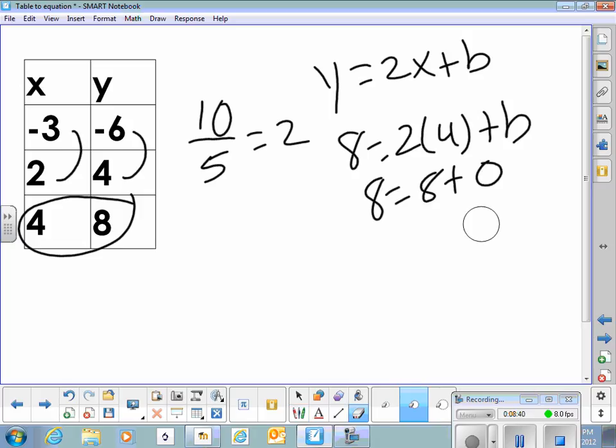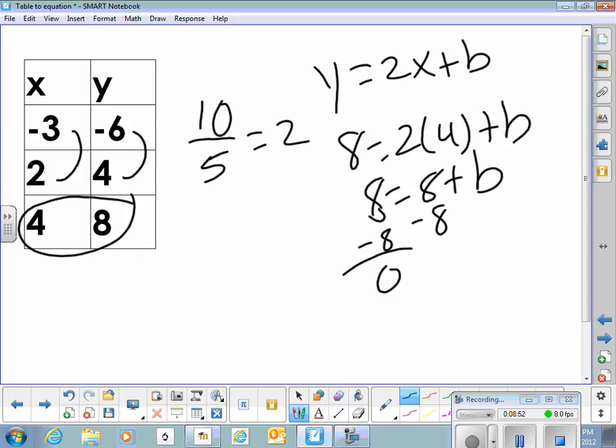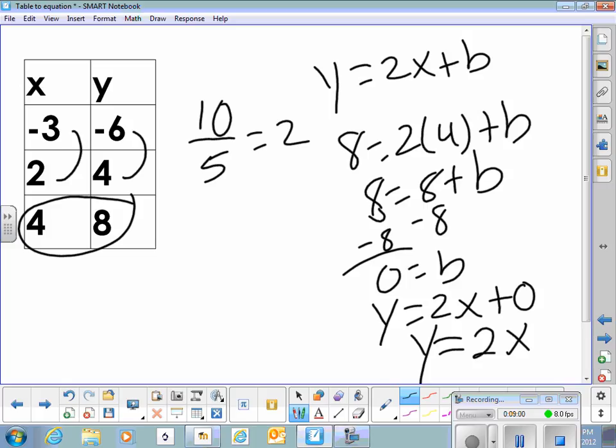Whoops. We don't know what that is yet. We can see it, but we'll act like we don't, and we can solve. That's not divide, that is minus. 8 minus 8 is 0. So we could say y equals 2x plus 0. That is simply y equals 2x.